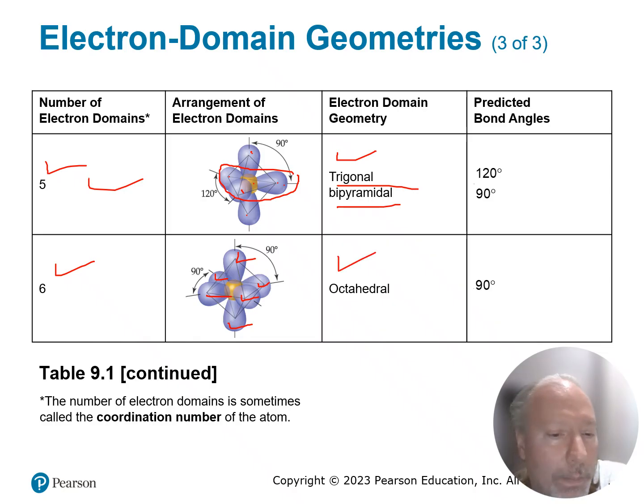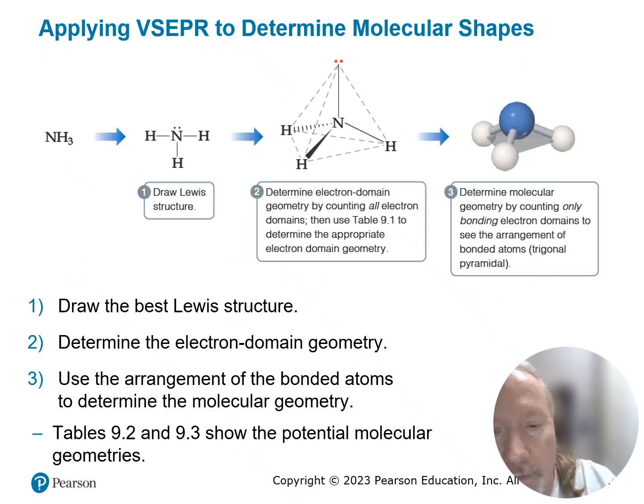This is octahedral because we have a pyramid with 4 sides on top, and then an upside down pyramid at the base with 4 sides on bottom. So we have an 8-sided object, which is where octa comes from, and all the angles are 90 degrees. We could also call these electron domains coordination numbers. This is very important in Gen Chem 2 when we get into complex ion formation, which is really cool stuff.